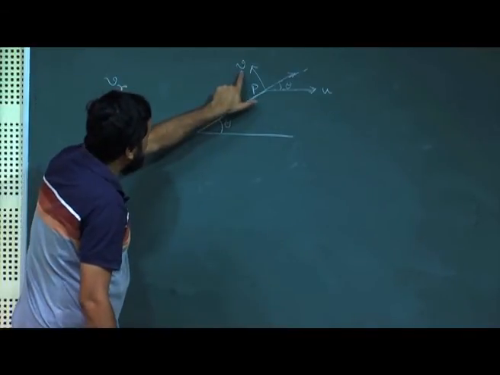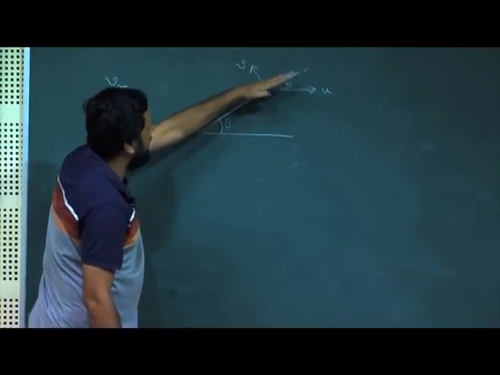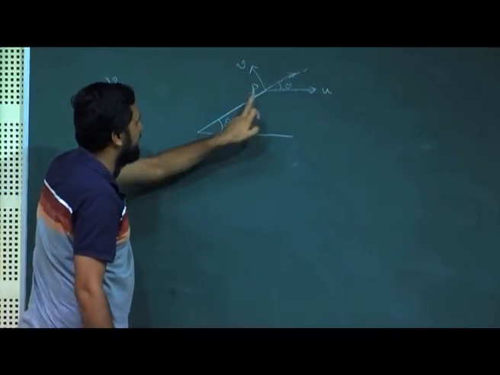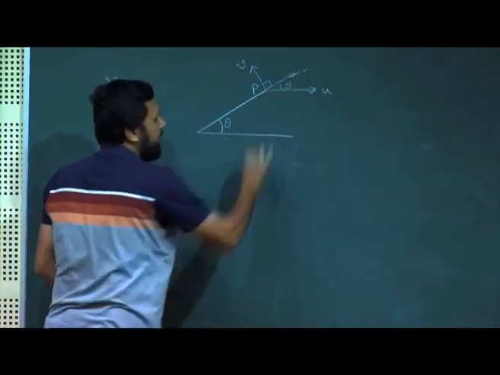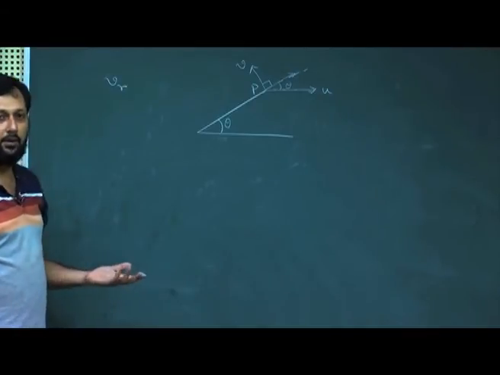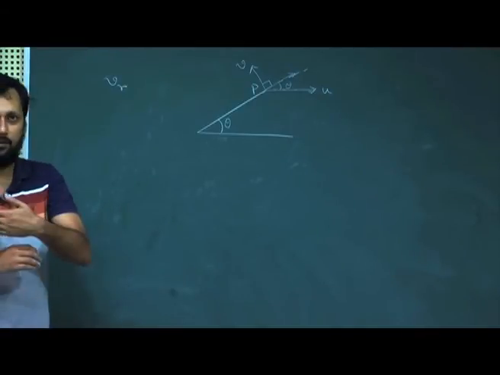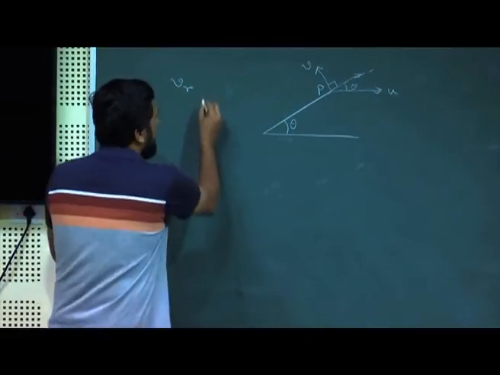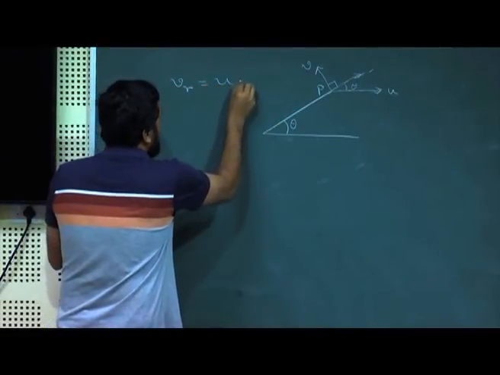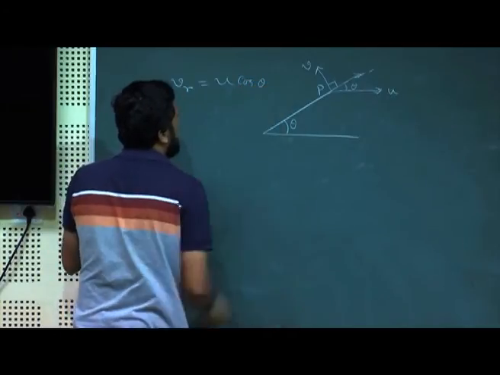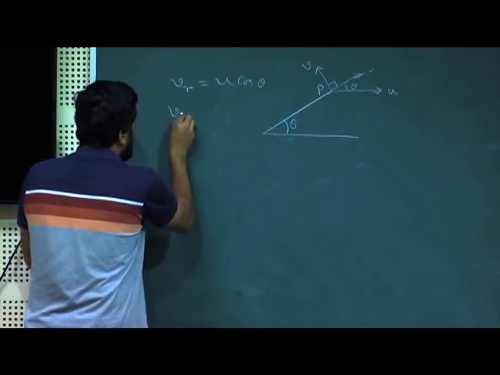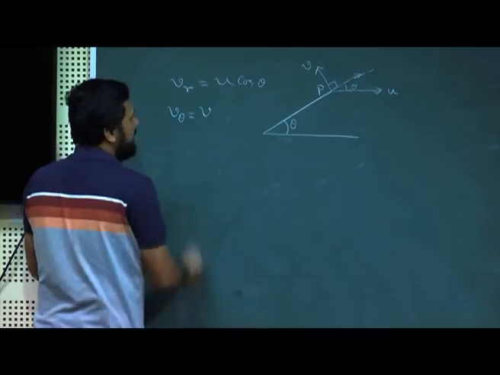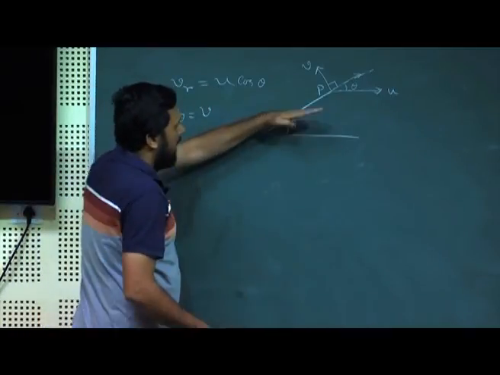So, this v velocity will have no component along the radial direction, because this angle is 90 degrees. So, a vector cannot have a component at 90 degree separation. So, that is why v is ruled out. So, Vr will be simply u cos theta. V theta, obviously it is v, and r and theta.